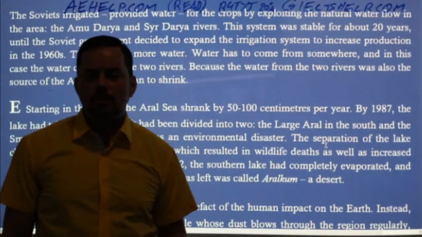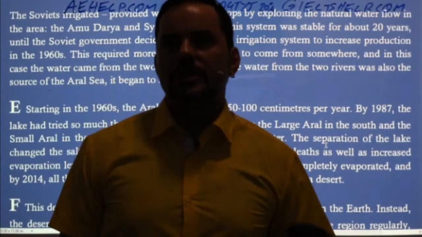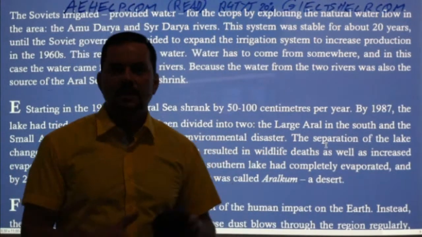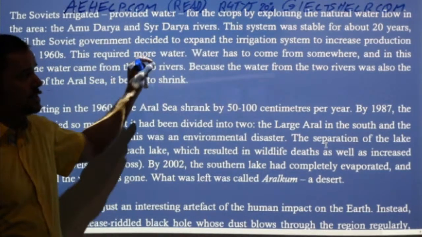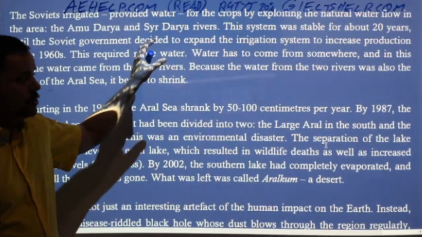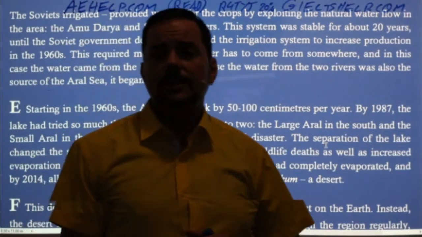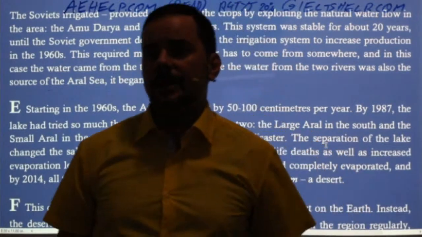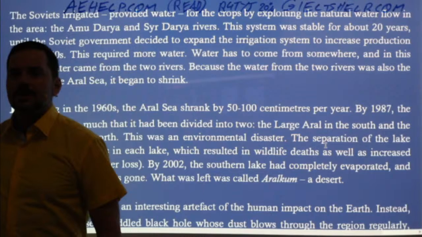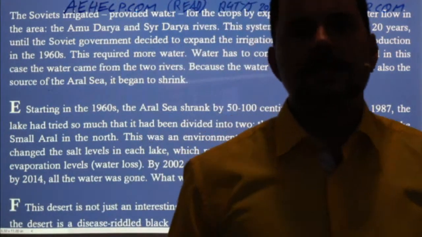So the Soviet cultivation of cotton as the cause of the shrinking of the Aral Sea, right? So be specific, because this paragraph very specifically discusses the modern 20th century cotton production of the Soviet Union of the time in the area, leading to the shrinking of the Aral Sea, right? So be specific, students, be specific. One sentence, right?